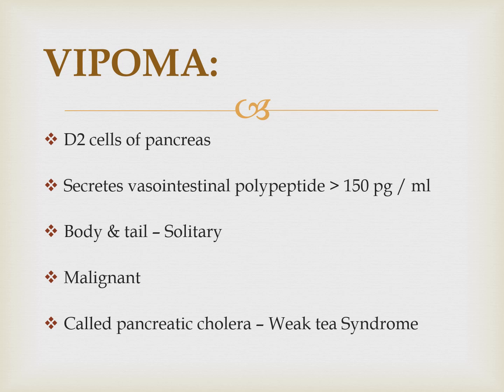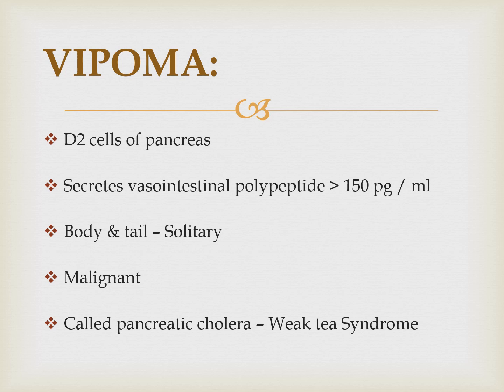VIPoma is the tumor of the delta 2 cells of the pancreas. These cells in these tumors secrete vasoactive intestinal polypeptide more than 150 picogram per milliliter.